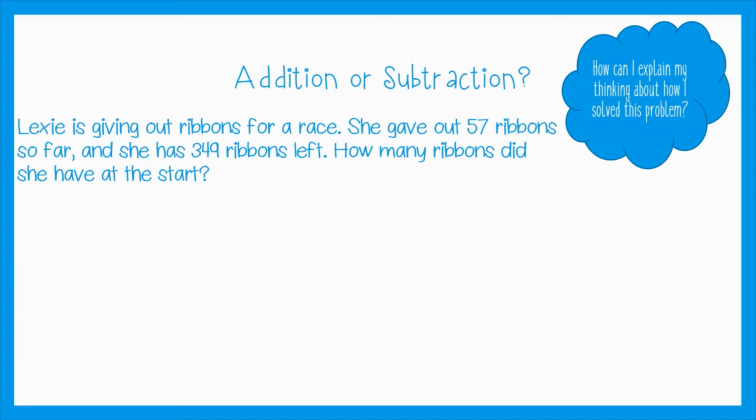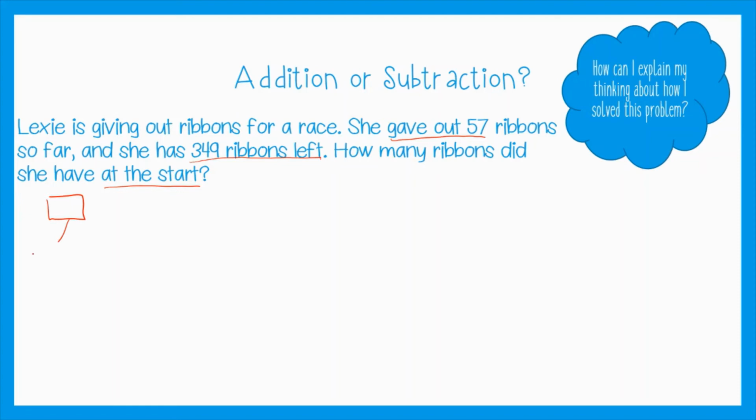So she gave away 57 ribbons, and she has 349 ribbons left. What I don't know is how many she had at the start. So since she gave some away, my start number is going to be my total. So I have an unknown total right now.